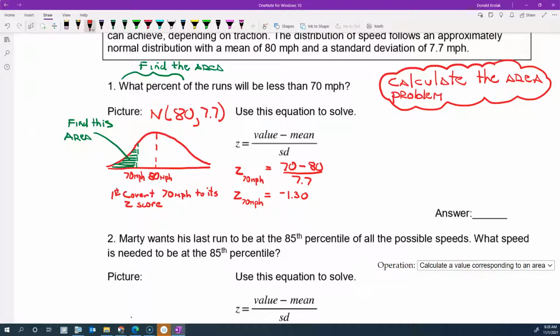Now your second part is to find the table value for that z-score. So you're going to find the table A value.